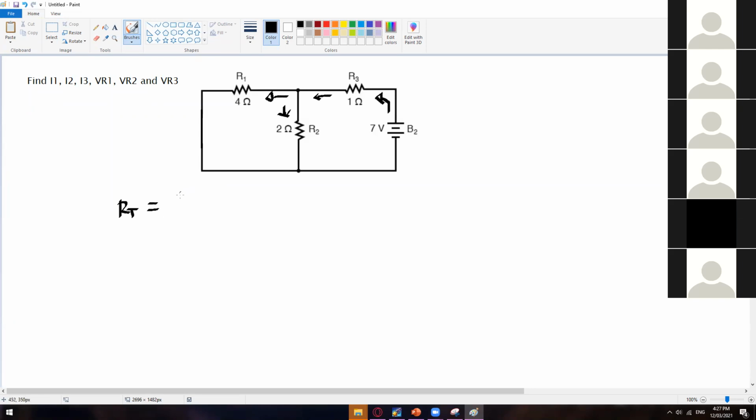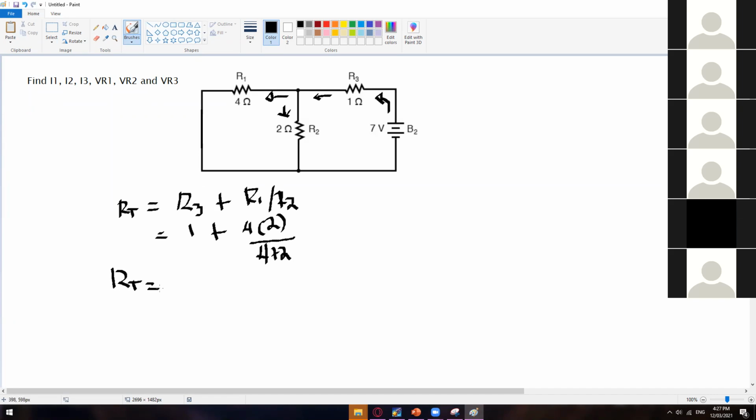So in here, you can get the R3 plus the value of your R1 and R2, or the parallel of R1 and R2, which will give us a value of 1 ohm plus 4 times 2 divided by 4 plus 2.